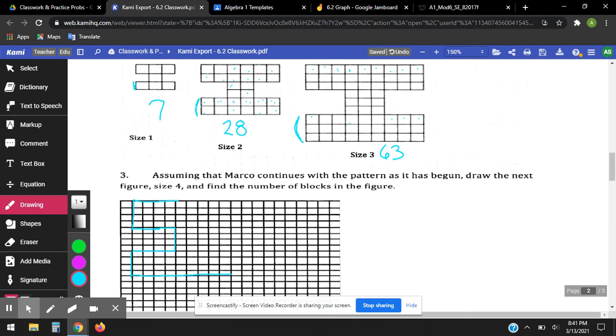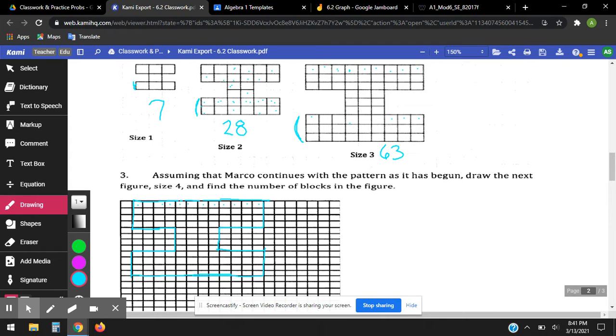Should be another chunk of 4 in there, right? 1, 2, 3, 4, and then another chunk of 4. That's 12. And I should be able to go 4 across back in. I still have 4 in the center. A little tricky.